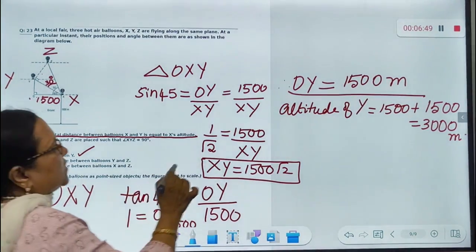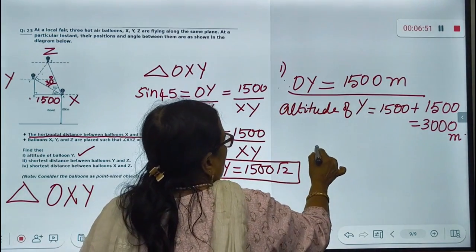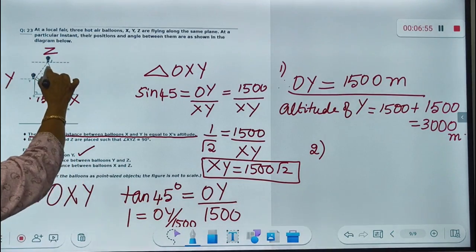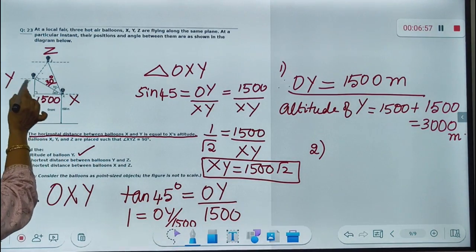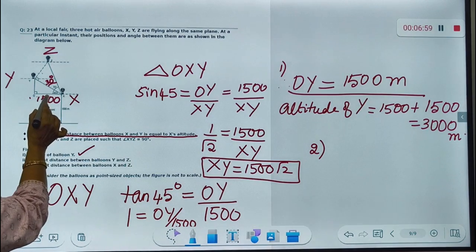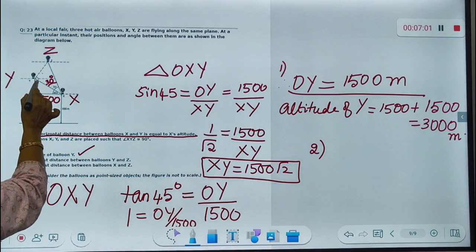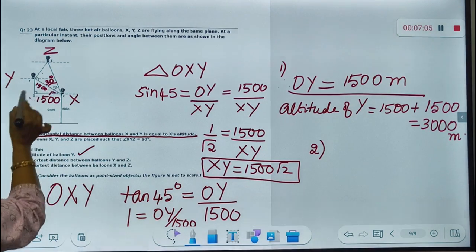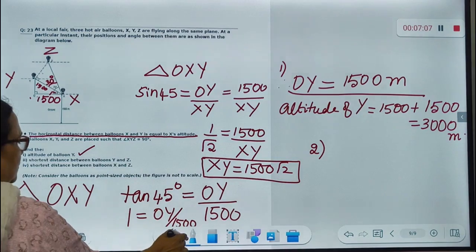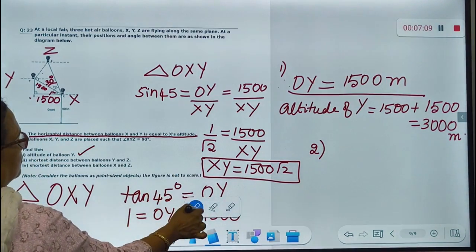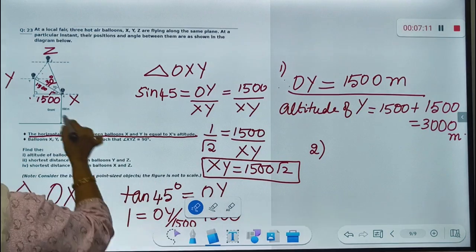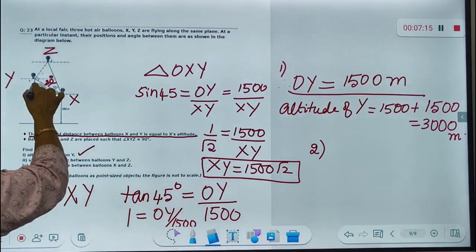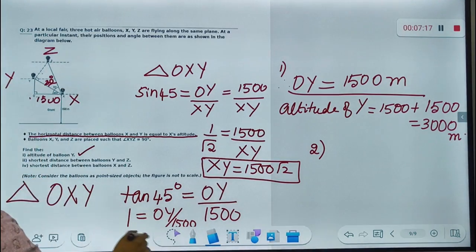But now that we have only answered the first question, I'm going to use this to answer the second question. Now if you look at this triangle, what XY I know. What is XY? 1500 root 2. Okay, it's not clear, so here I will write.